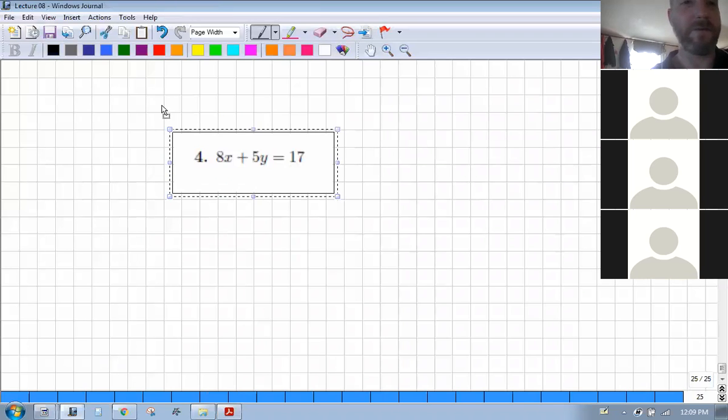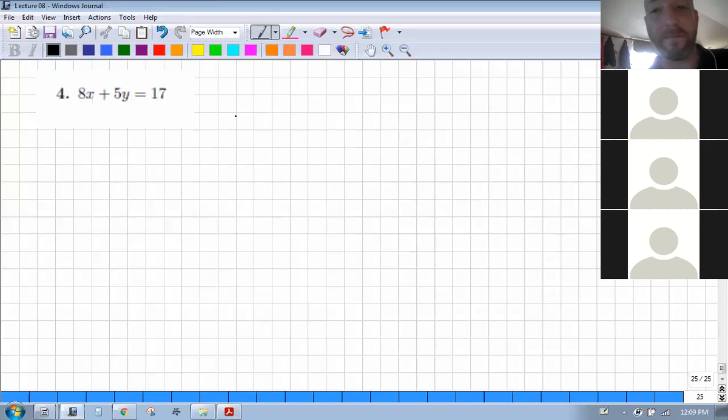So there's lots of software that'll graph these. You can probably just type into Google, graph 8x plus 5y equals 17, and it'll produce your graph for you. So find the intercepts. If x equals 0, then 5y is 17.